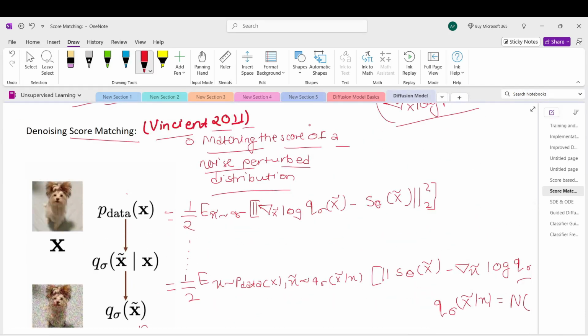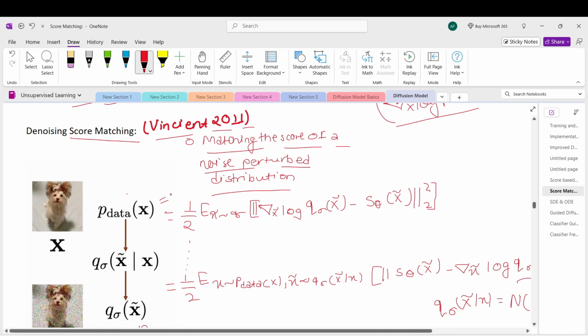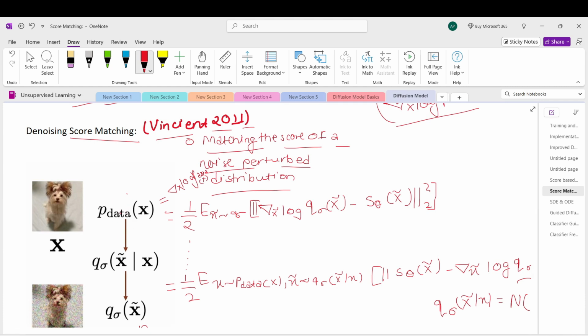Above, we were matching with the data distribution p data of x, taking the gradient of log p data of x with respect to x.